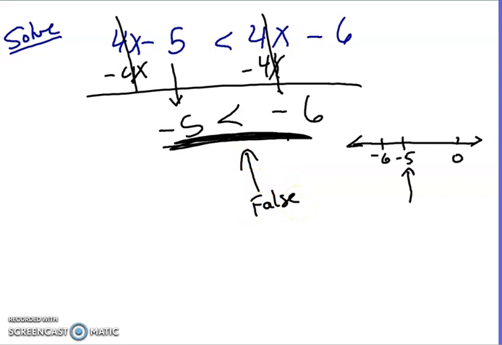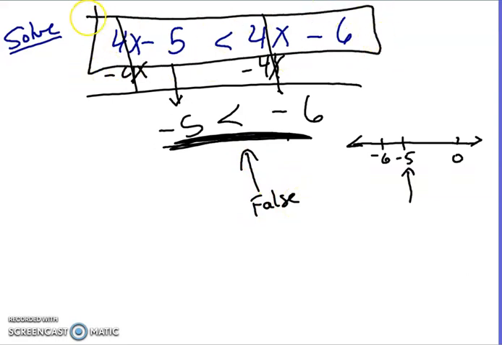Okay, but again, that's not the answer. The answer, remember, is I'm trying to find out what x is. What numbers work for this? Well, there are no x's that will work. So literally, if you took 4x minus 5 is less than 4x minus 6 and plugged in any random number to your x's, it won't work.